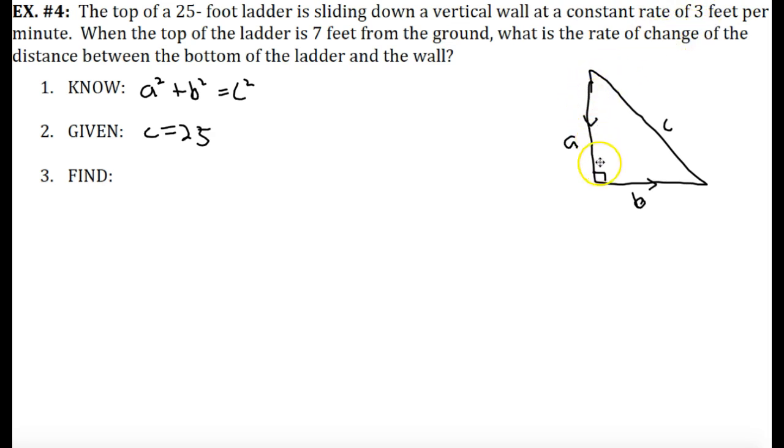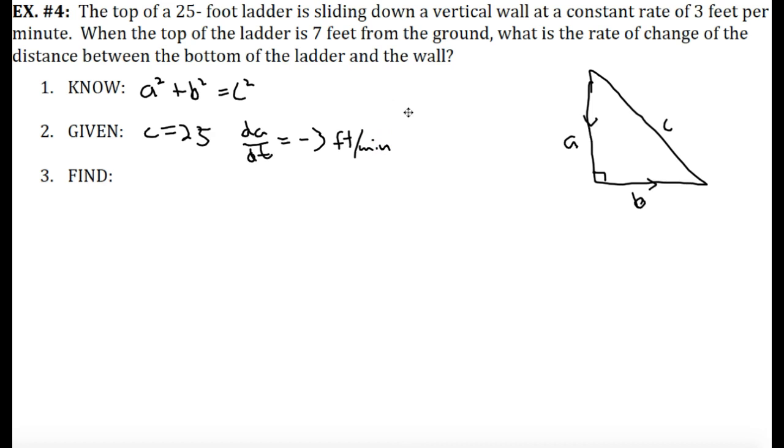So this distance right here is changing at 3 feet per minute. Now, since this ladder is sliding down the wall, that rate we're going to say is negative. So I'm going to say that the rate that A is changing with respect to time is equal to -3 feet per minute.